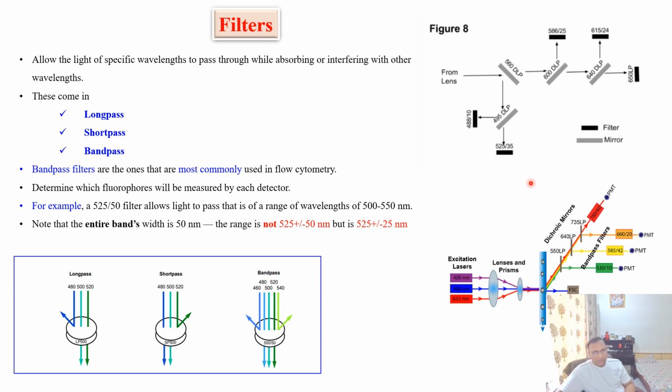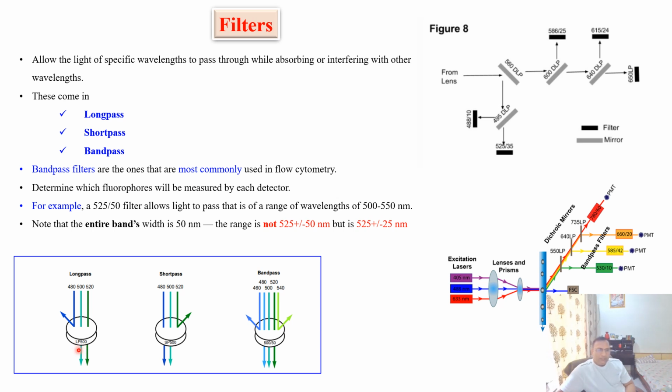There are three types of filters used in the flow cytometer. One is the long pass, second is the short pass, third one is the band pass. Long pass means this filter will pass a certain wavelength and above, and absorb or reflect the other wavelengths. For example, this filter is indicated by LP 500.